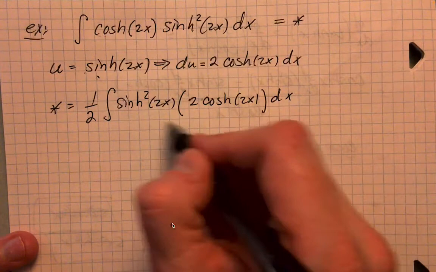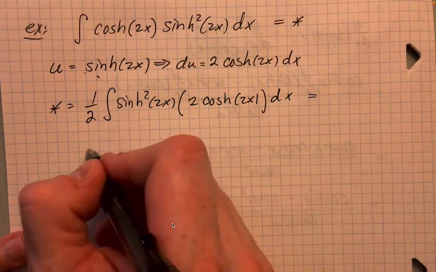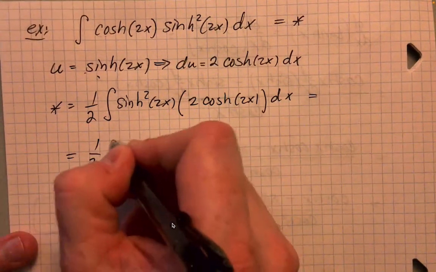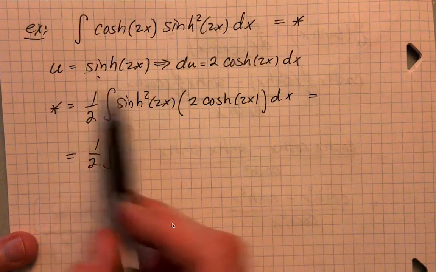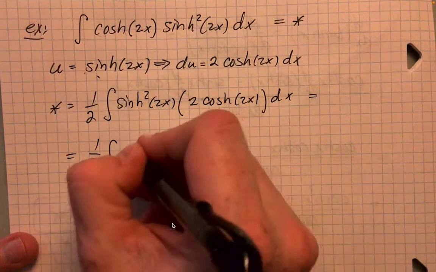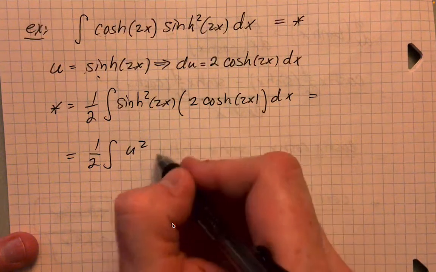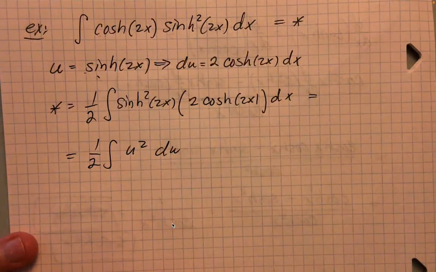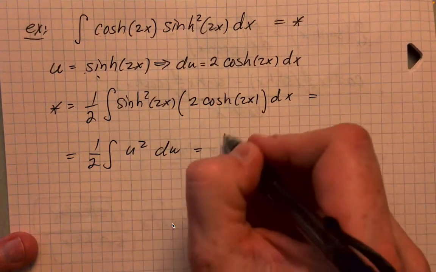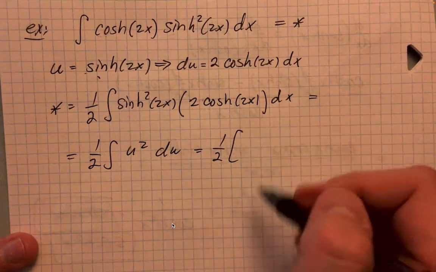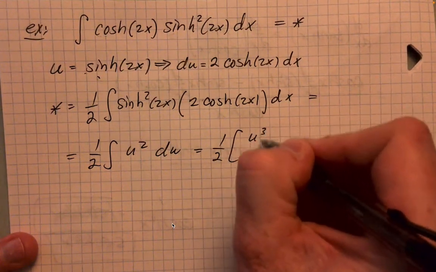And so here is basically a half times the integral of u squared, and then this whole thing is du, isn't it? Okay, and so that means it's 1/2, and then this would be u cubed over 3.